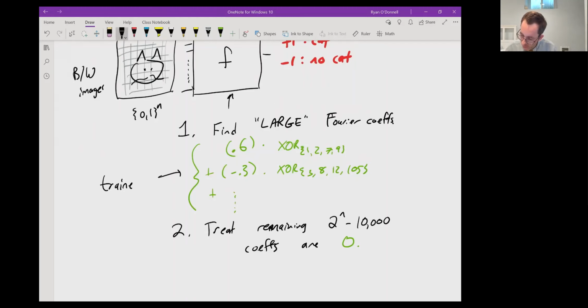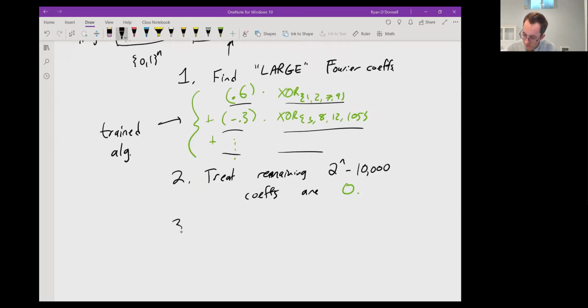If it's given a new picture with pixels, you just plug it into this algorithm that has these different strengths on these different XORs. And that'll give you an output that's a real number. For every input, this will map an input picture into a real number.